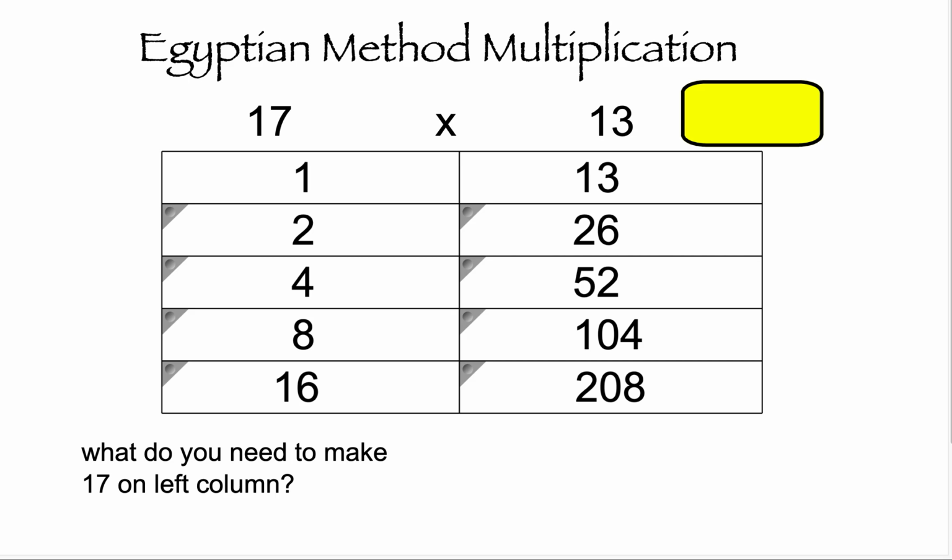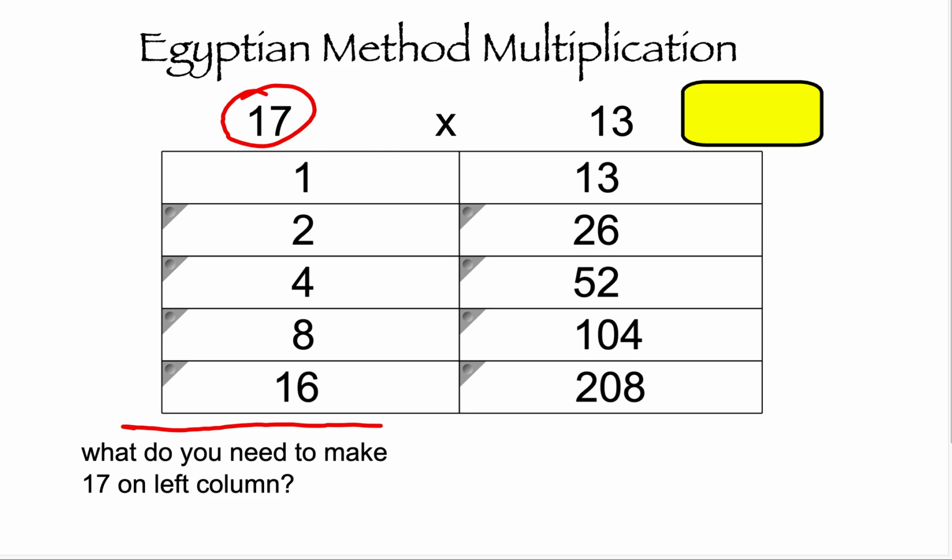Now, they would stop over here on the left side when they get enough to make 17. The next number, if we were going to continue doubling after 16, is 16 plus 16, which is 32. But 32 is more than 17, so we don't use it, and we'll get rid of that.